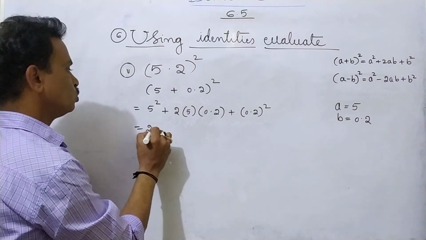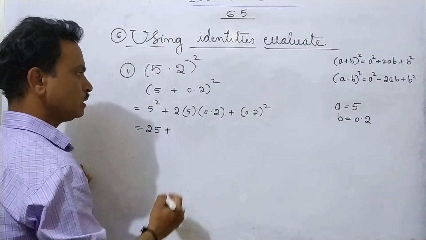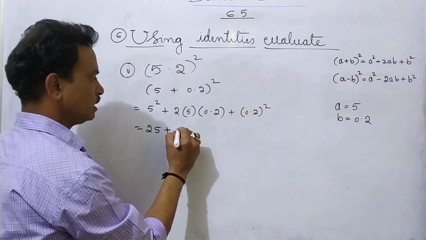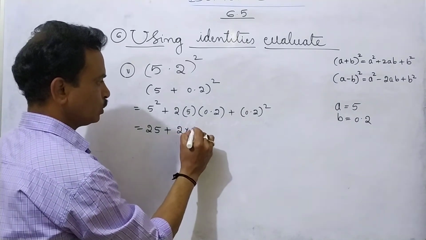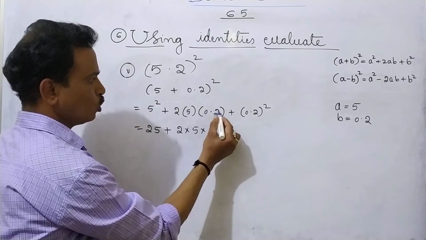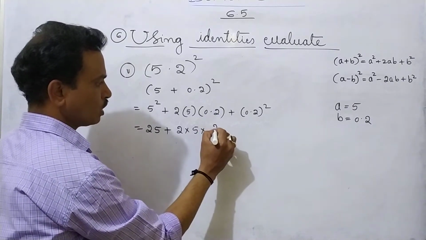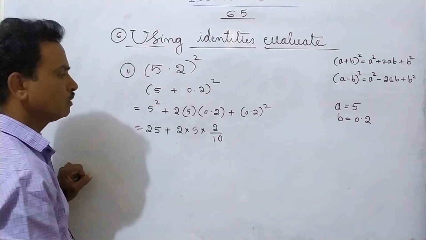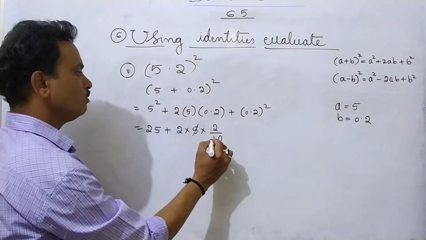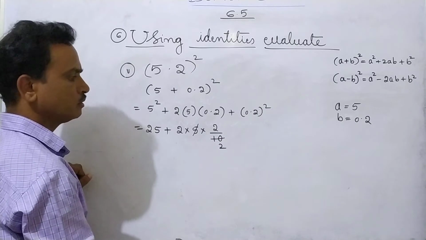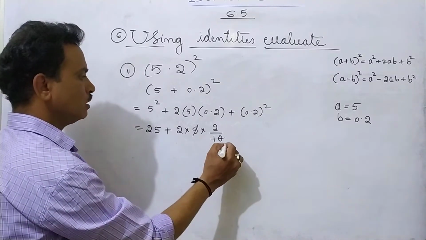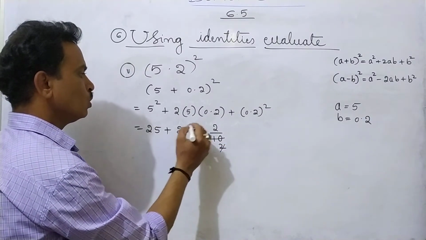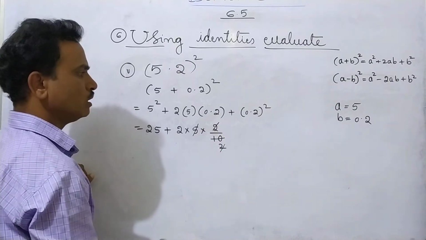5 square is 25 plus, now see here, an easy way: 2 into 5 you should write as it is. 0.2 is in decimal, so you should convert it into a fraction, 2 by 10. Now 5 ones are 5, twos cancel it. Denominator 1 2, numerator 1 2 get cancelled.